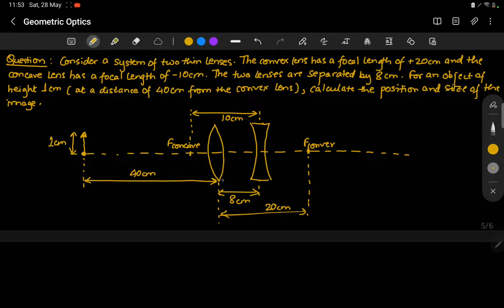We could also draw the focal length of the convex lens somewhere over here. This could also be the focal distance of the convex lens. Similarly, for the concave lens, we can have it somewhere over here.